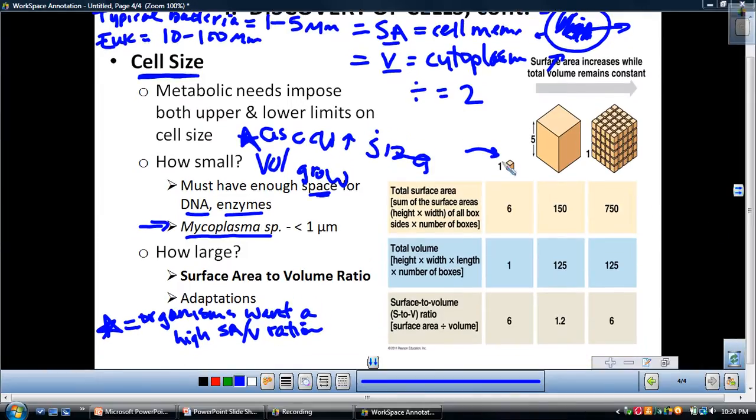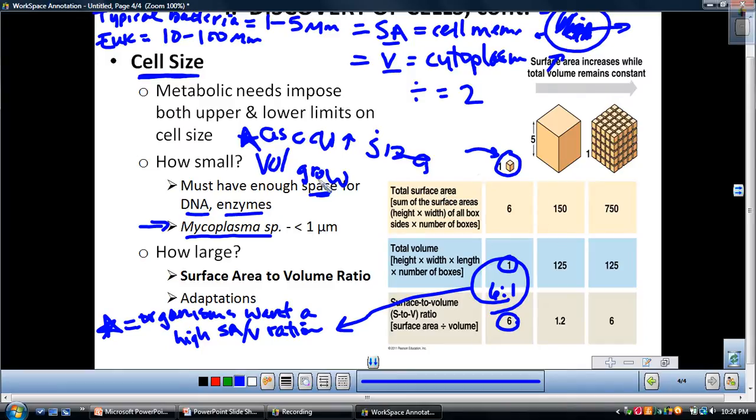So if you look at this diagram, this little bitty teeny tiny cube, the surface area is 6, the volume is 1, and all we did was use our formula, height times width times length, the number of boxes, to find the volume, and then for surface area, we took the surface area to figure that. So this is a 6-to-1 surface area to volume ratio. That is a large surface area to volume ratio. That's good, because that means that, like I said, the smaller the size, the more easily substances can move from one location to another, like within the cell and also out of the cell.